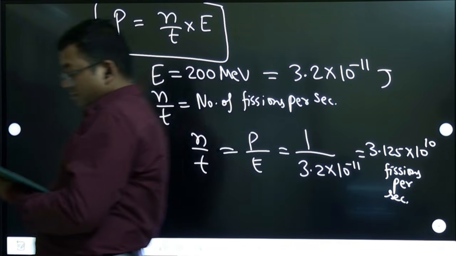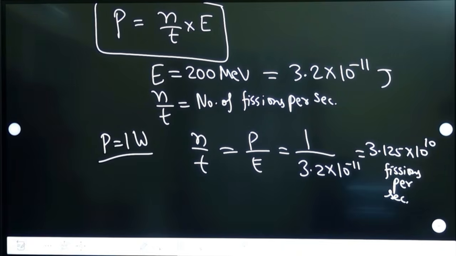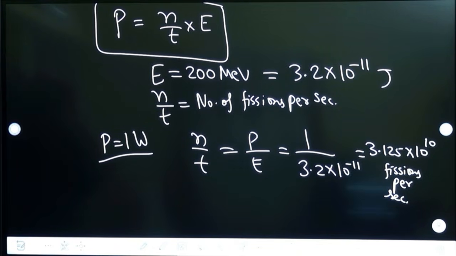A very large number of fissions happen per second. Okay, so this is what it is. I think we are done with this. Then a lot of applications and other things you can study from the books.